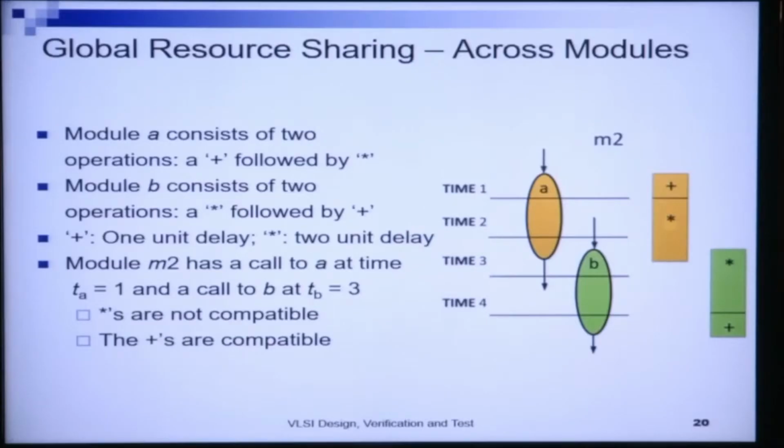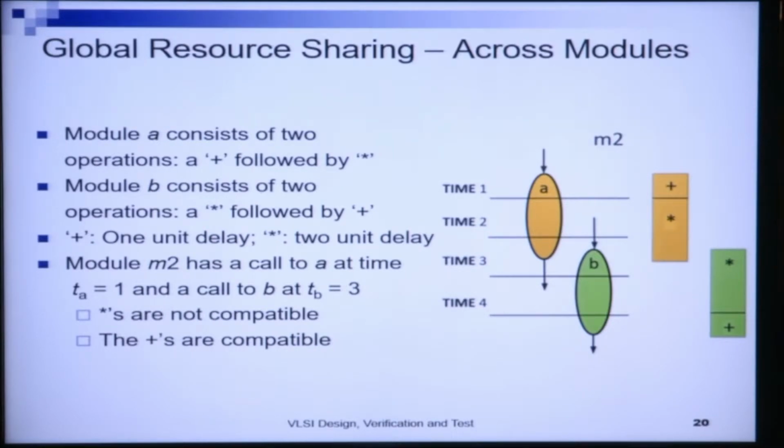Now, let us complicate the situation just a bit. I have a module A, it consists of two operations plus followed by a star, very similar to the previous one, and also module B very similar, star followed by a plus. Here the only difference is that the module B is called before module A finishes.